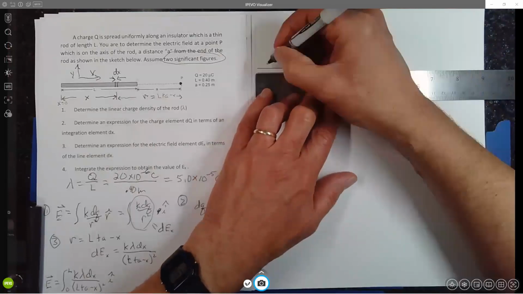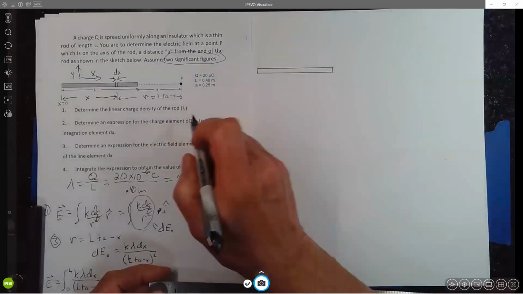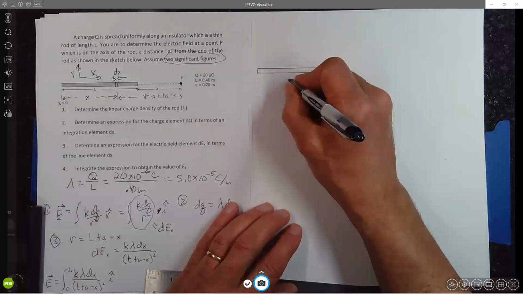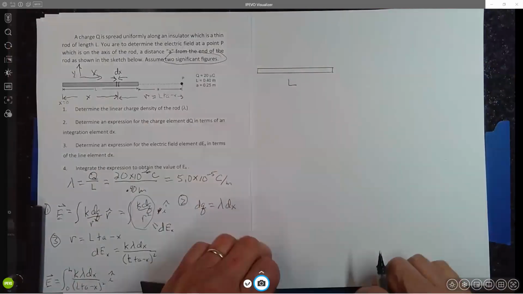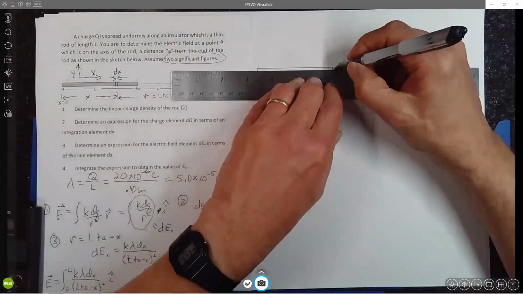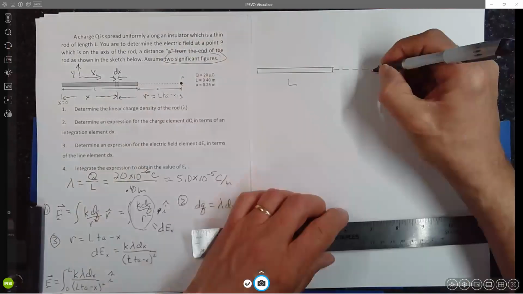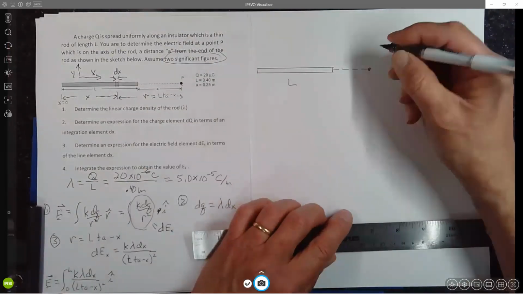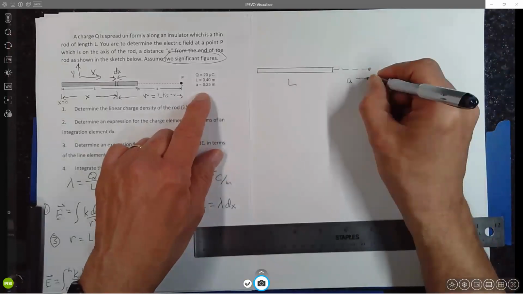And I can even use the same letters that I've got here for it. In fact, I can use the same numbers if I want to. And we'll have a point here that is, let this extra distance be a.